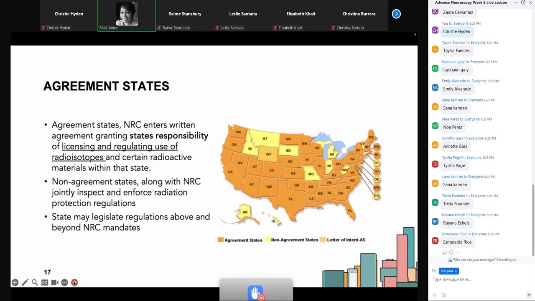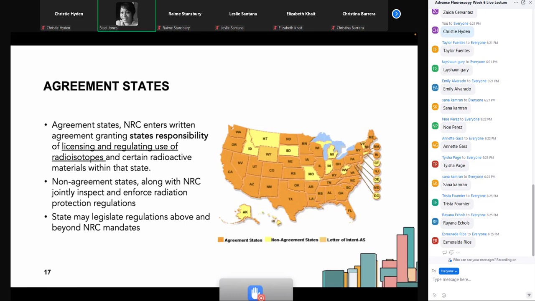So agreement states. The NRC basically enters into a written agreement granting specific states the responsibility of licensing and regulating the use of radioisotopes and certain radioactive material within the state. So if you see all the orange states, these are going to be those agreement states.